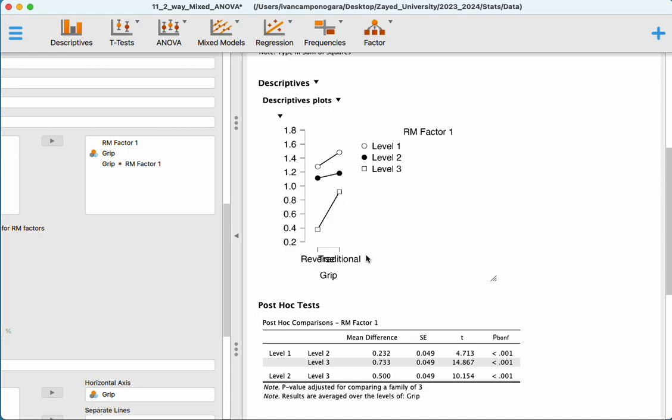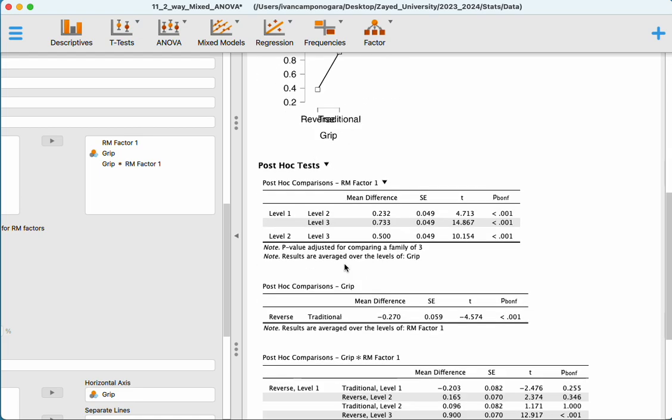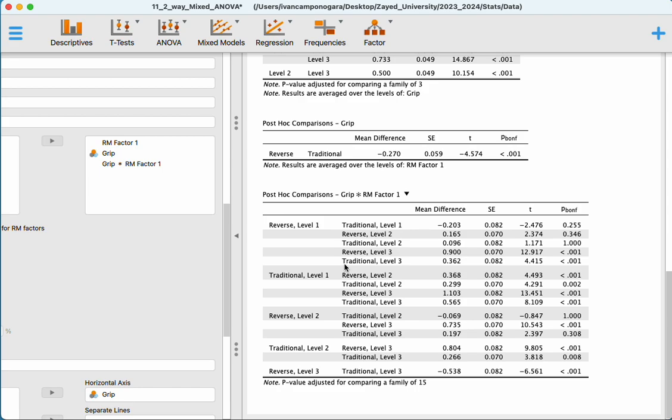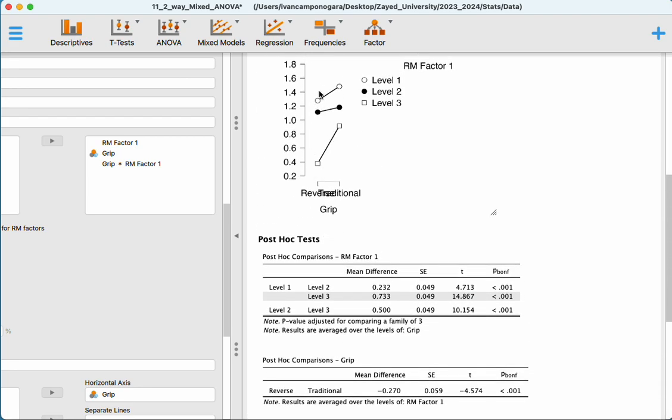Okay, that's it. Now let's see instead the comparison. We have seen now the comparison of reverse and traditional within each level. Let's see now what happened within each grip.